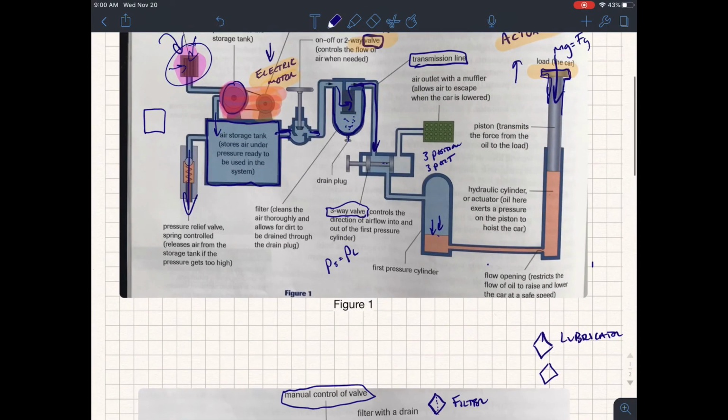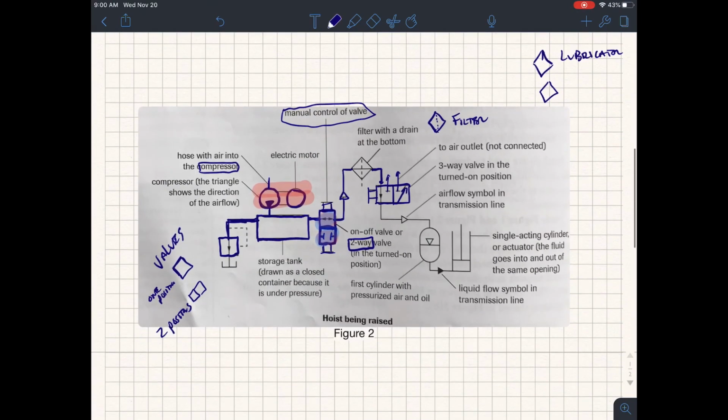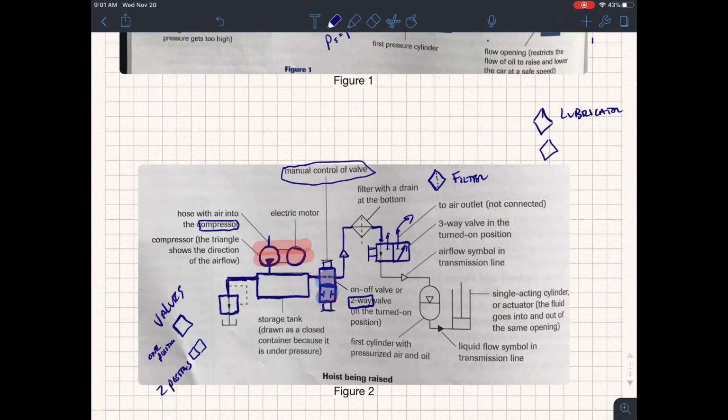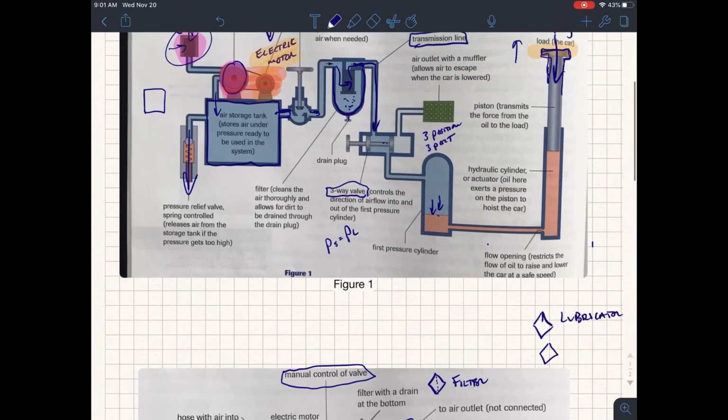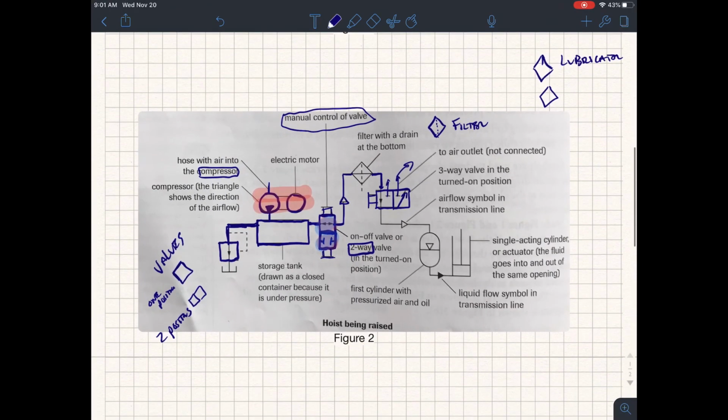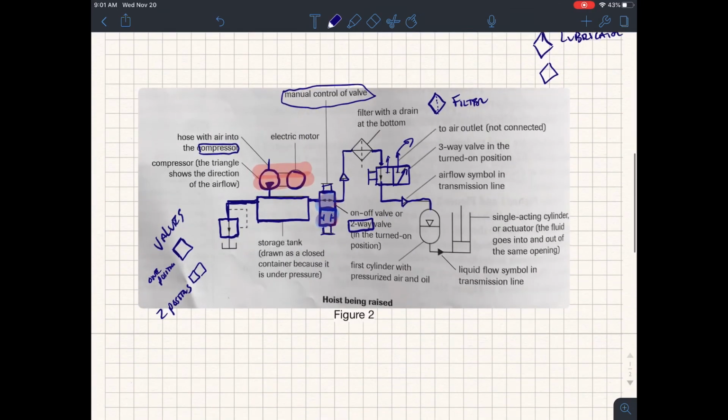Okay, so we got that valve described there. This goes off to the muffler. And we have a transmission line that comes out of that valve. There's the airflow symbol. And we know that we're now going to the first compression cylinder. And these are different shapes for different air compression.